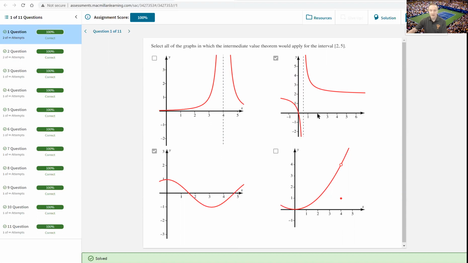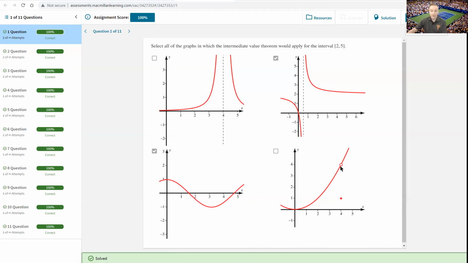So I can say if f of 2 is 3 and if f of 5 is 2, then there exists an x value in between 2 and 5 for any y value in between 2 and 3. So yes, the intermediate value theorem would work no problem on that, because it's continuous. You'll see I also have the third one selected because from 2 to 5, that is a nice continuous function, no problem. The next one, from 2 to 5, has a hole discontinuity.